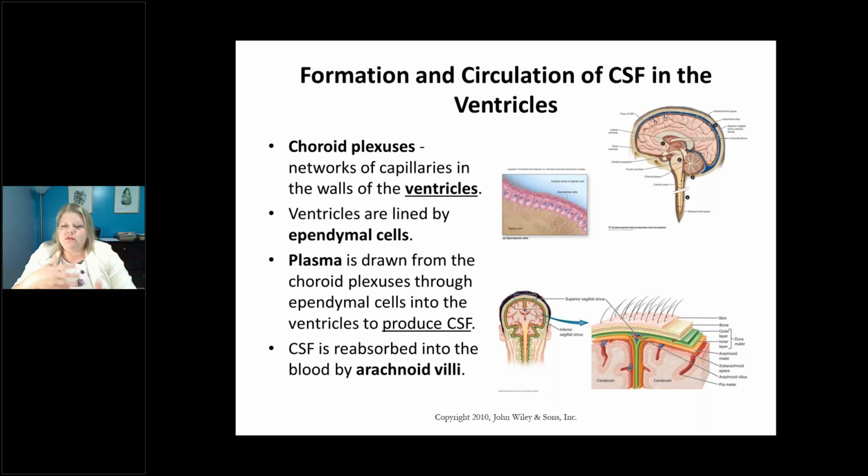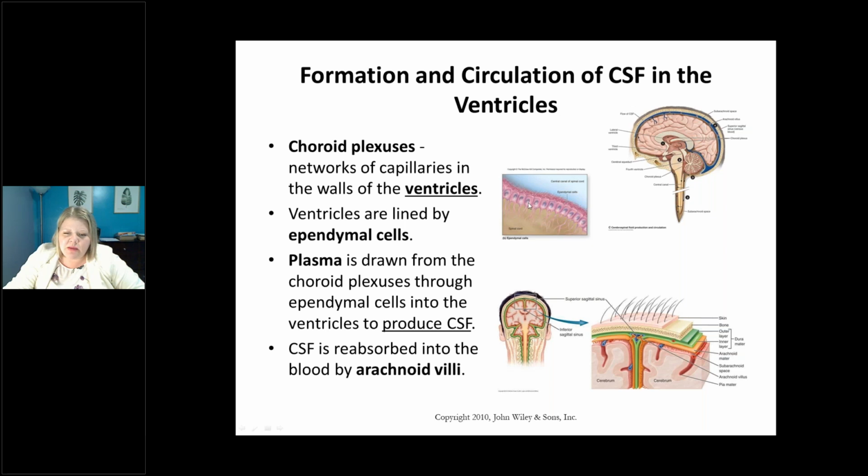Cerebrospinal fluid is brought into the system through the choroid plexus. This is a specialized structure, a network of capillaries found in the walls of the ventricles. And the ventricles are all lined by special glial cells, again called ependymal cells.